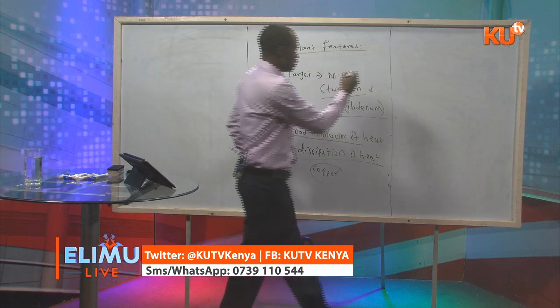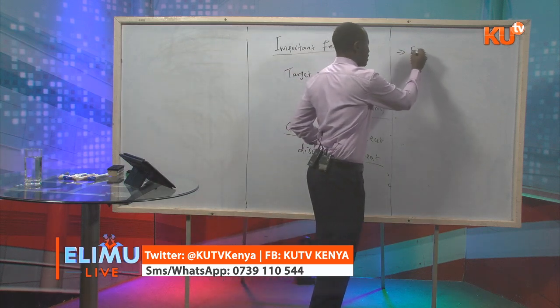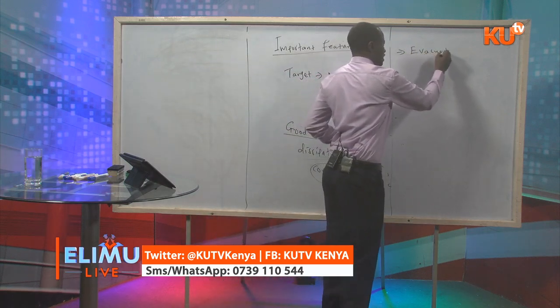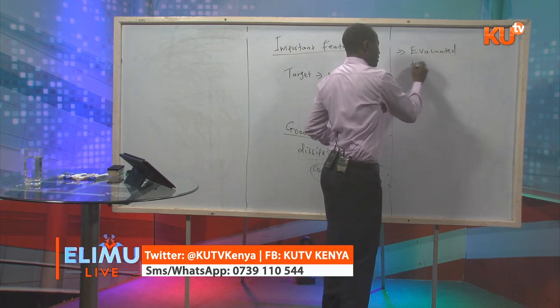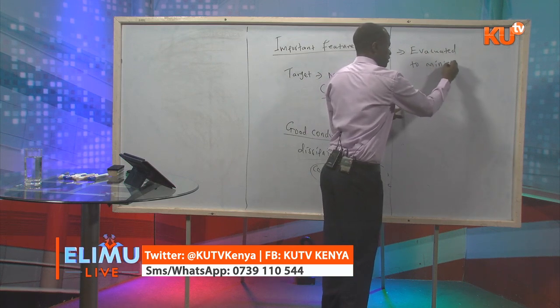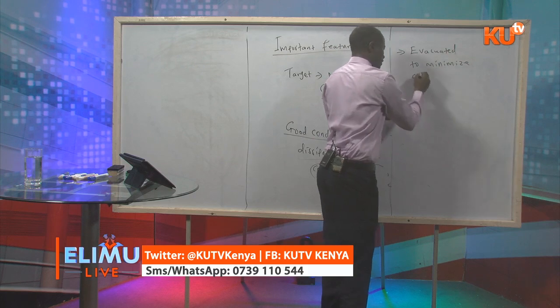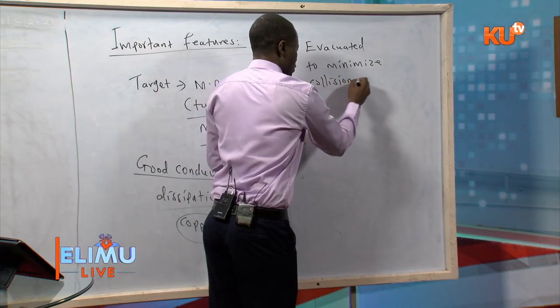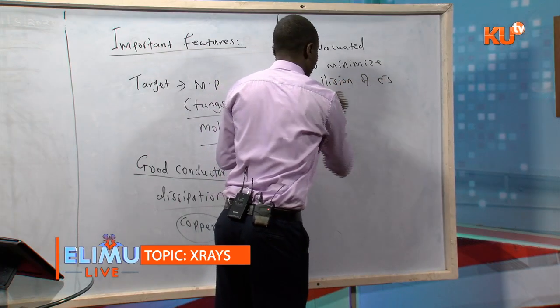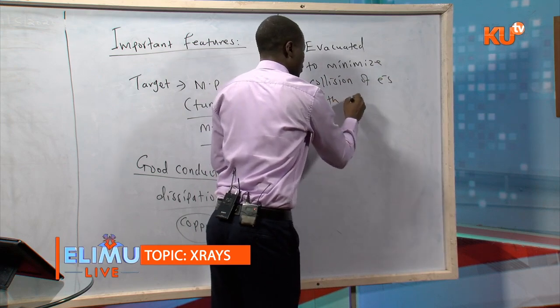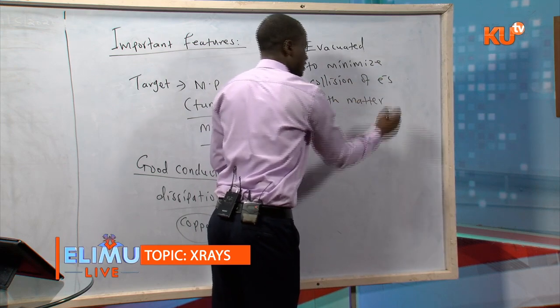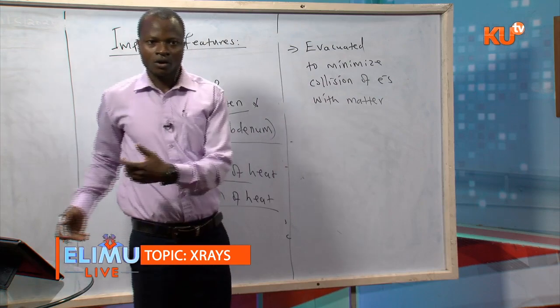So we have said also the tube is evacuated. It is evacuated to minimize collision of electrons with matter, where matter in this case could be gas or liquid or any solid.